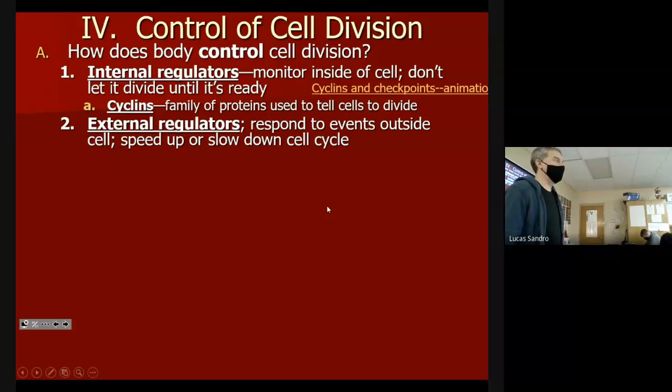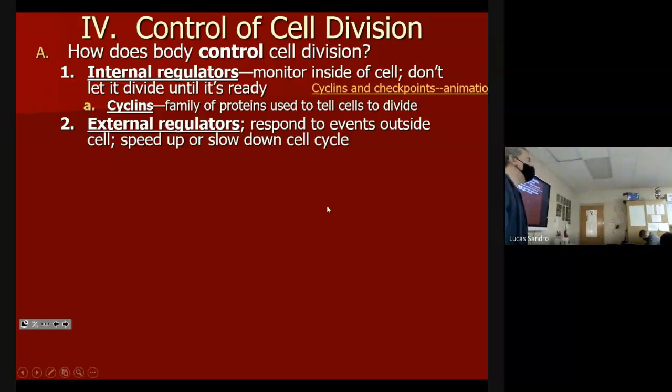Stages of life where more or less cell division needs to happen. And this has less to do with checkpoints and more to do with the speed at which a cell is spinning through that cell cycle, speeding up or slowing down the cell cycle.